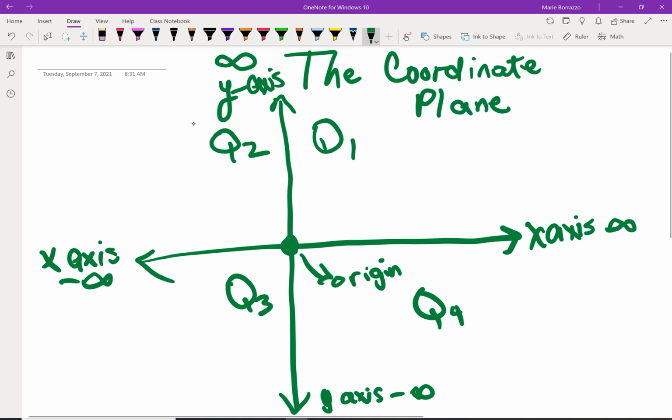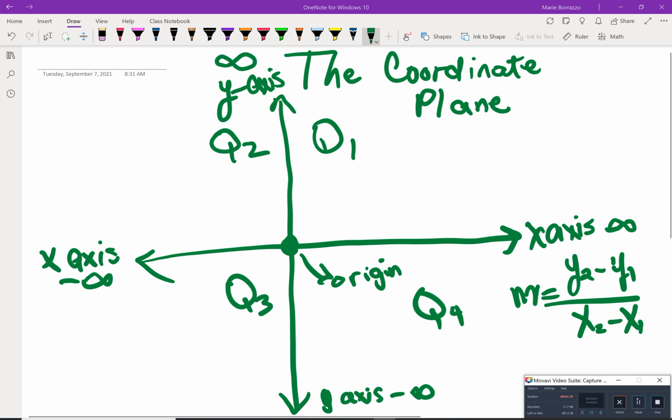The other thing to consider here is understanding the slope formula, which they're going to ask you for. If you have the slope, remember the slope is y2 minus y1 over x2 minus x1. All right.